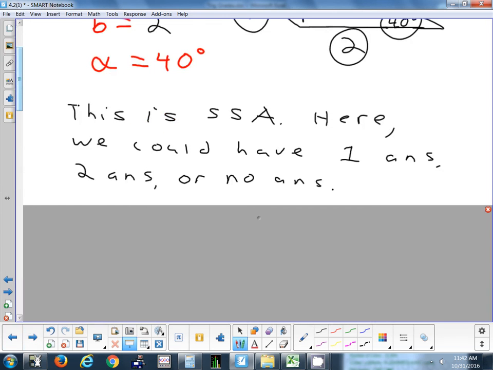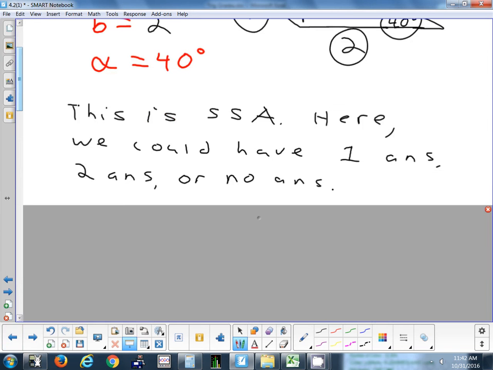Or, as we're solving it, there might be two answers for everything we have to find. It might not be a, b, and gamma, but whatever the three things are that you have to find, there would be two answers for all of them. Or the quickest case is when there's no answer.